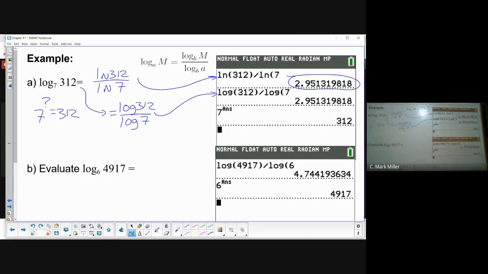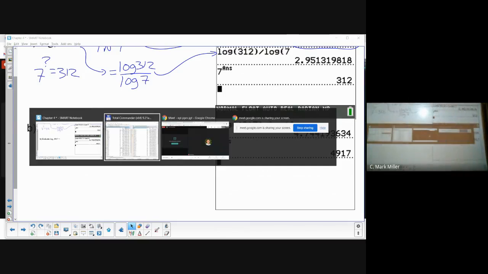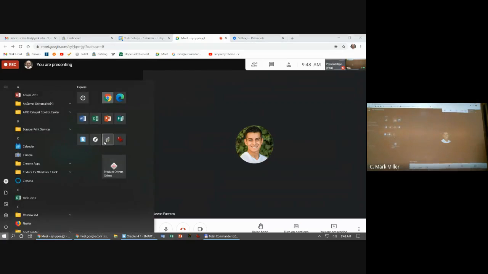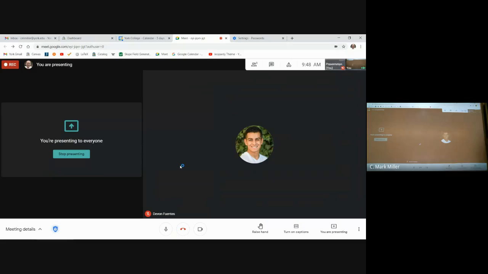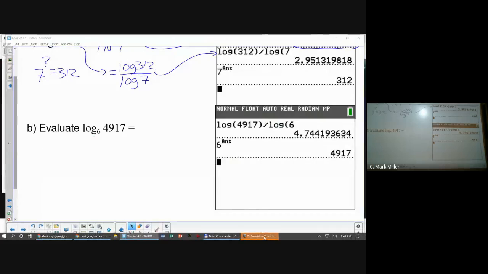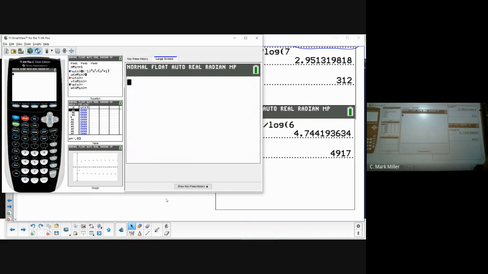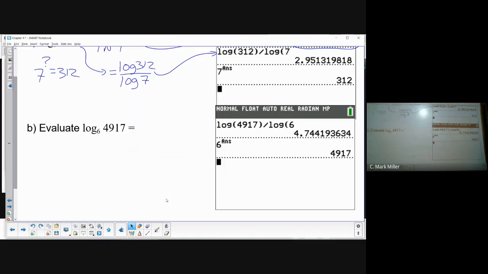All right. Let's do one more. In fact, I'm going to get my calculator out and do this. Log base 6 of 4917. Here it is using LOG. I'm going to get the calculator out and do it with natural log. So what was my number? 4917.